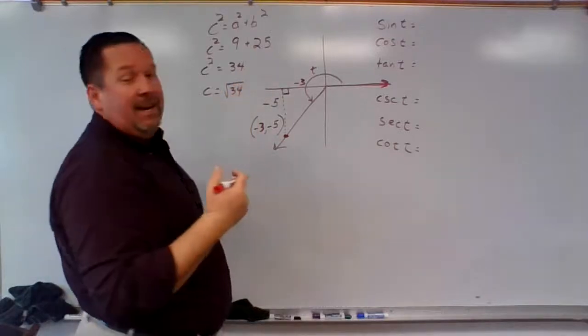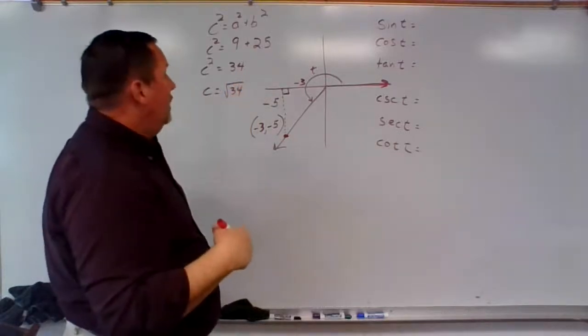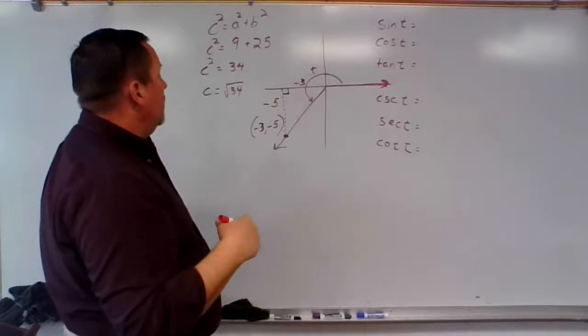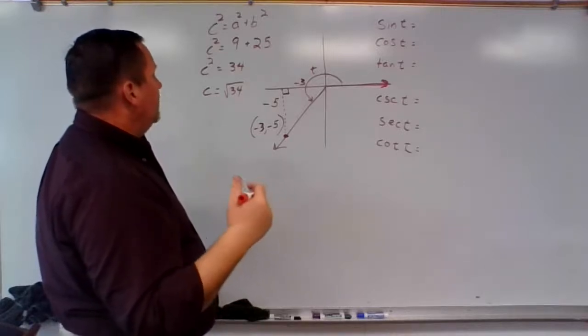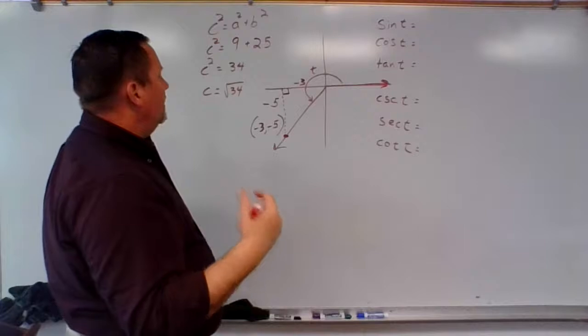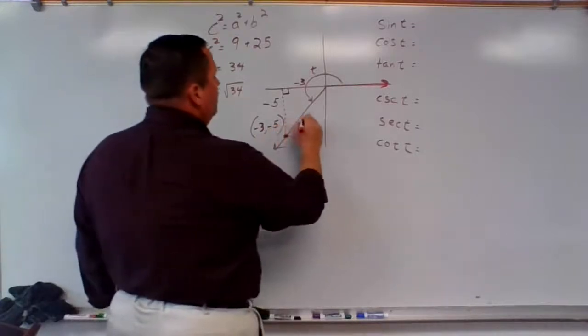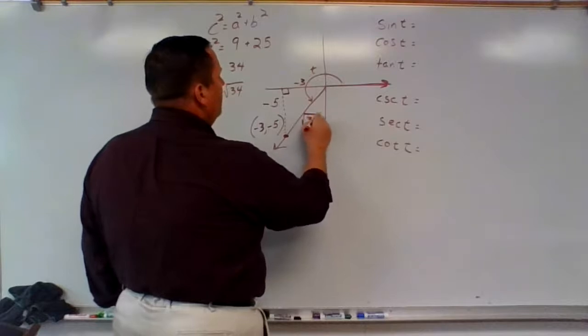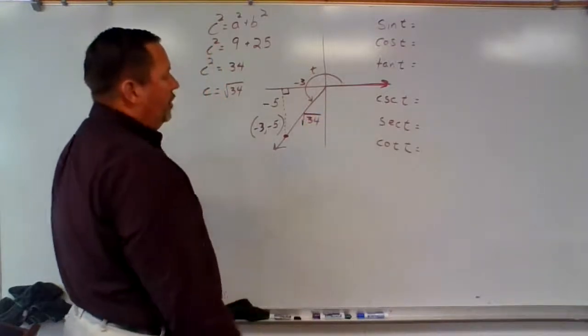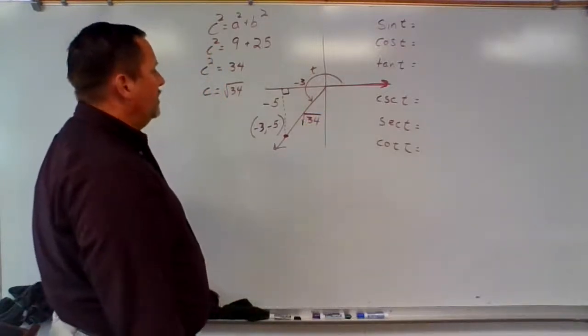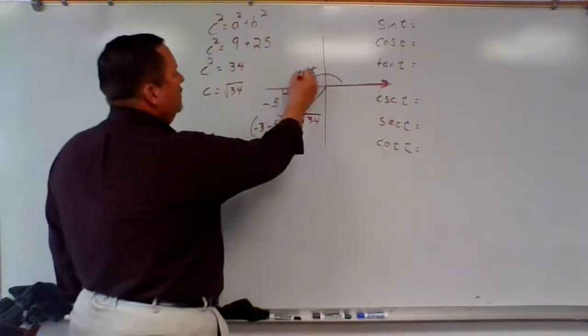And you can look to see if that is simplifiable, but I don't think it is. I know that 4 doesn't divide into that, 9 doesn't divide into that, 16 doesn't divide into that. So we're just going to call this square root 34. I can't pull out any simpler perfect squares. So please look at these values.